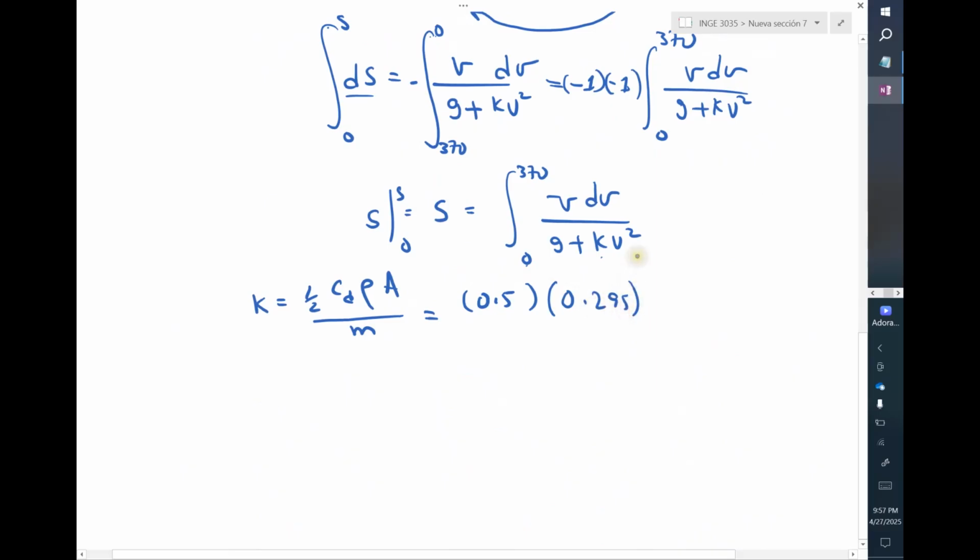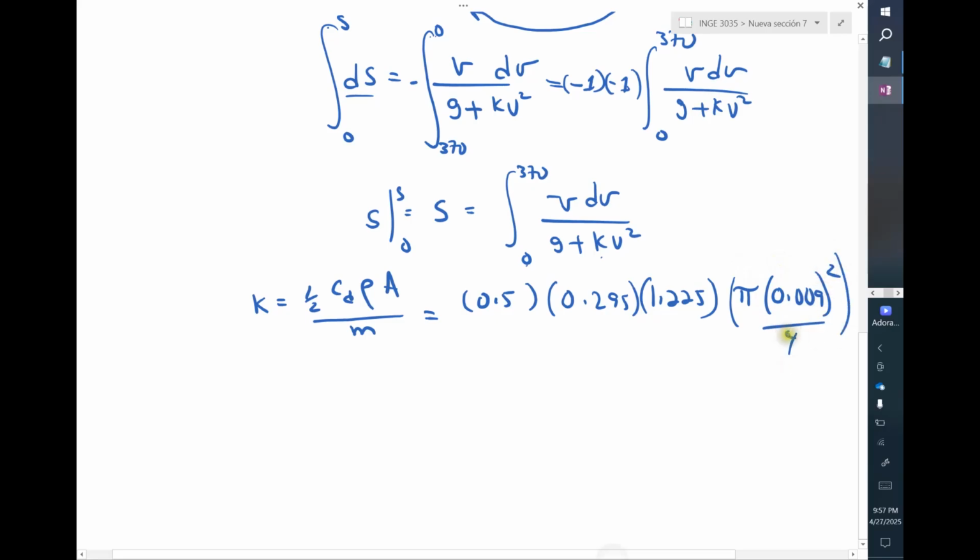Times the density, times the area. The area will be based on a 9mm bullet. That's going to be pi times, now change the 9mm to meters, right? So it's 0.009, squared, and all that divided by 4.